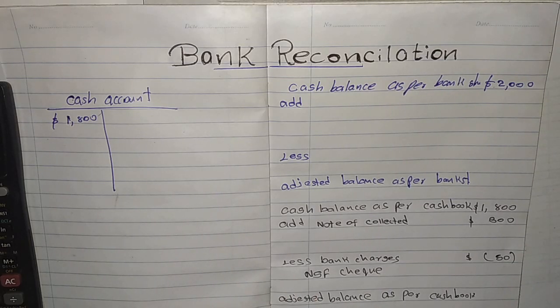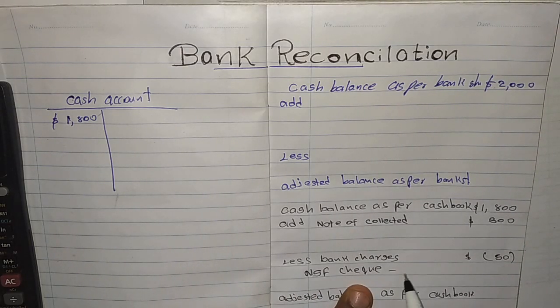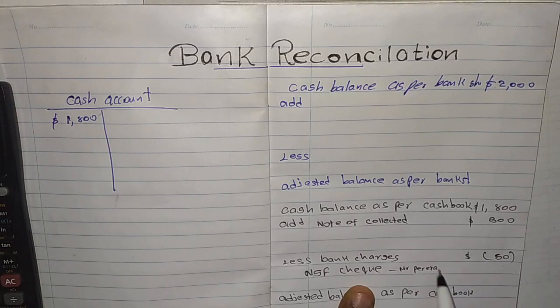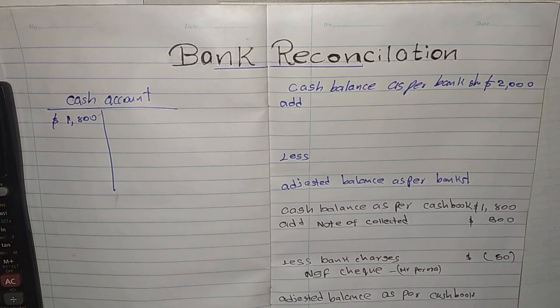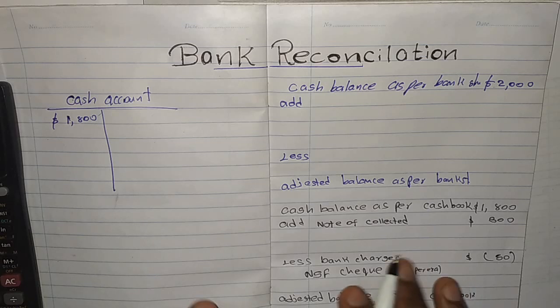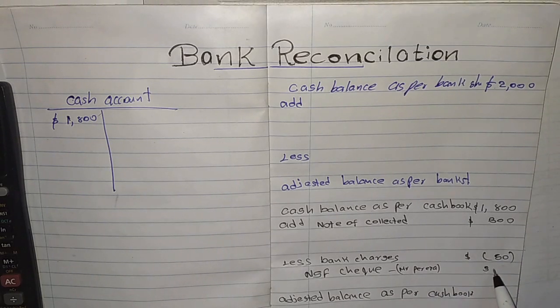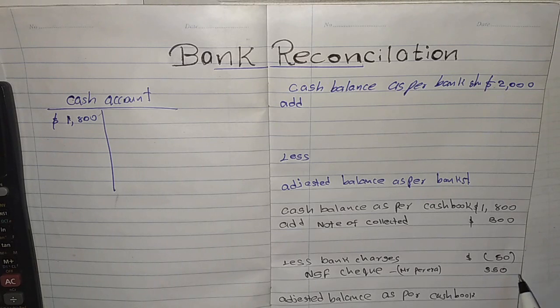It was a check by Mr. Pereira, one of our customers, and the check amount was $350. So we also subtract. So quite a bit of money bounced.